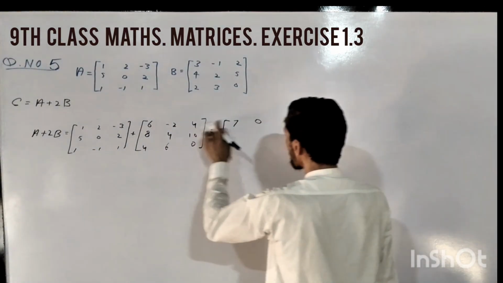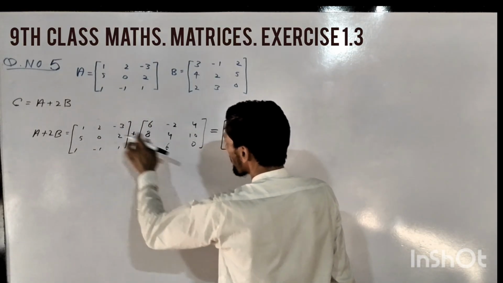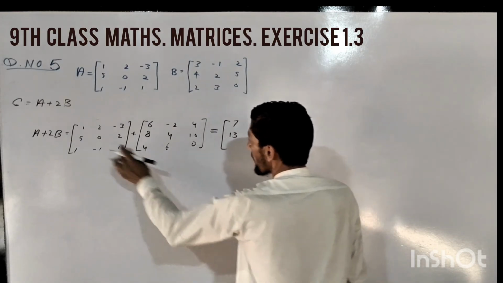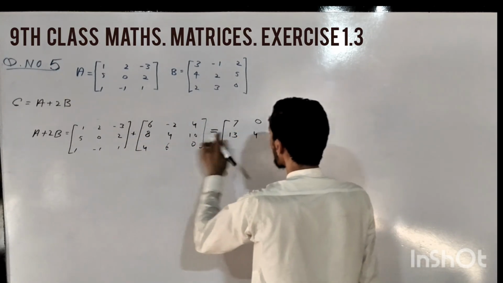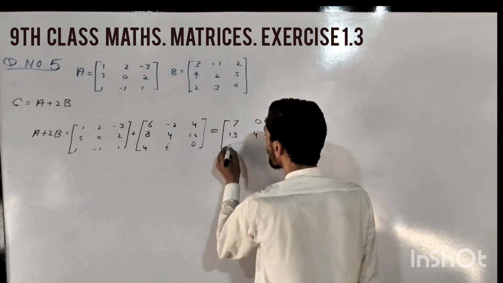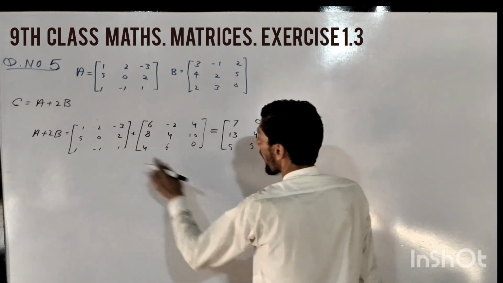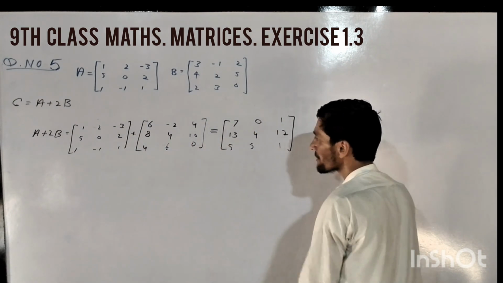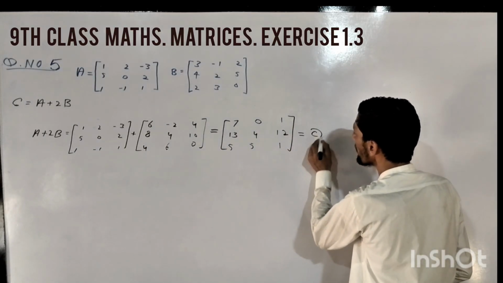Minus 3 plus 4 will be equal to 1. 5 plus 8 will be equal to 13. 0 plus 4 will be equal to 4. 2 plus 10 will be equal to 12. Similarly, 1 plus 4 will be equal to 5. Minus 1 plus 6 will be equal to 5. And 1 plus 0 will be equal to 1. So this is the result of matrix C and this is the value of the C matrix.